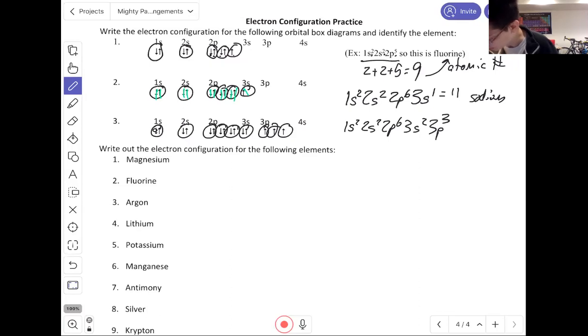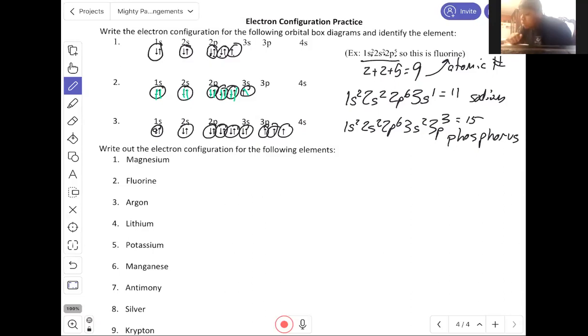And what does that total up to? 15. I really can't do math. That's okay. 2 plus 2 is 4, plus 6 is 10, plus 2 is 12, 12 plus 3 is 15, which is which element? Phosphorus.